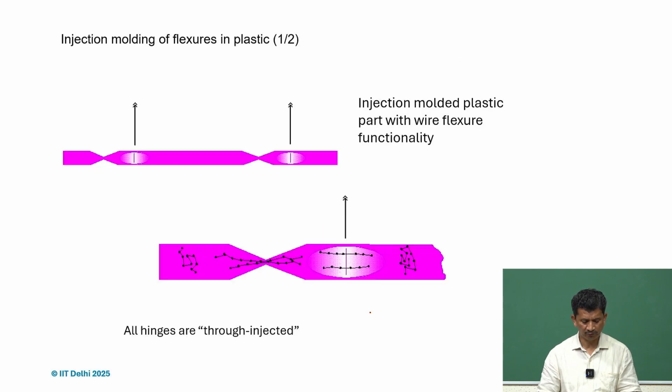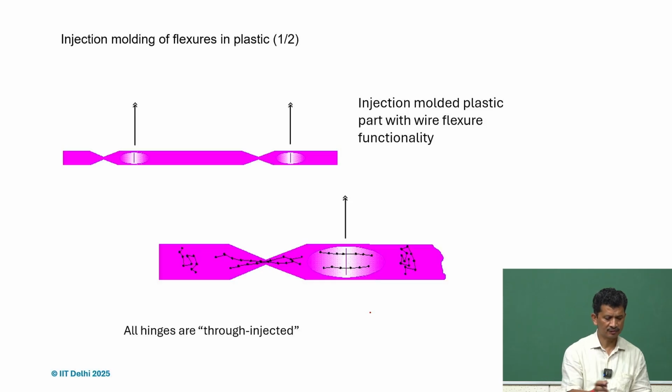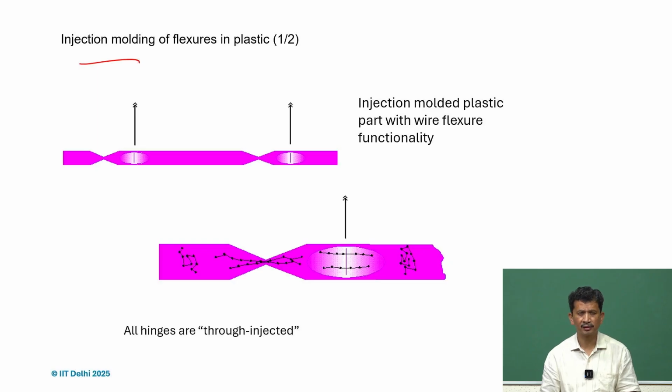Another way to achieve these kinds of things is injection molding, and plastics. These days, it can be very easily injection molded, and we can create parts. And these kinds of designs we see in most of the commercial products, shampoo bottles or any kind of bottles where the hinge is required, that can be achieved.